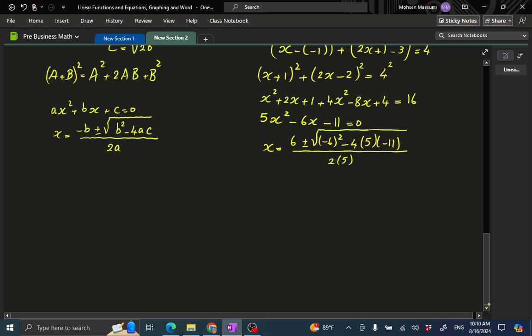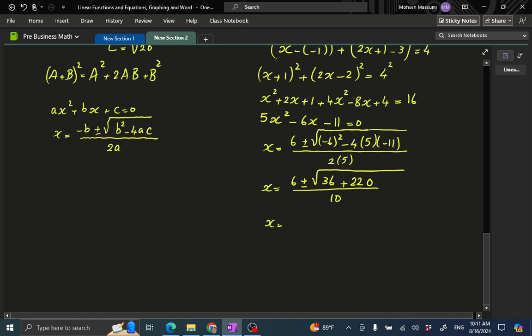So let's clean this up. X becomes equal to 6, either plus or minus. Minus 6 squared is 36. 4 times 5 is 20. Minus minus becomes plus. Becomes 20 times 11, 220, over 10.